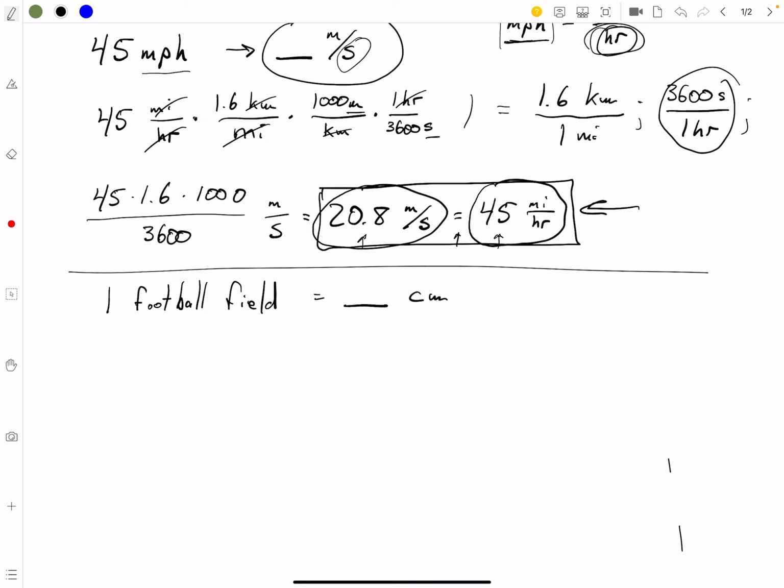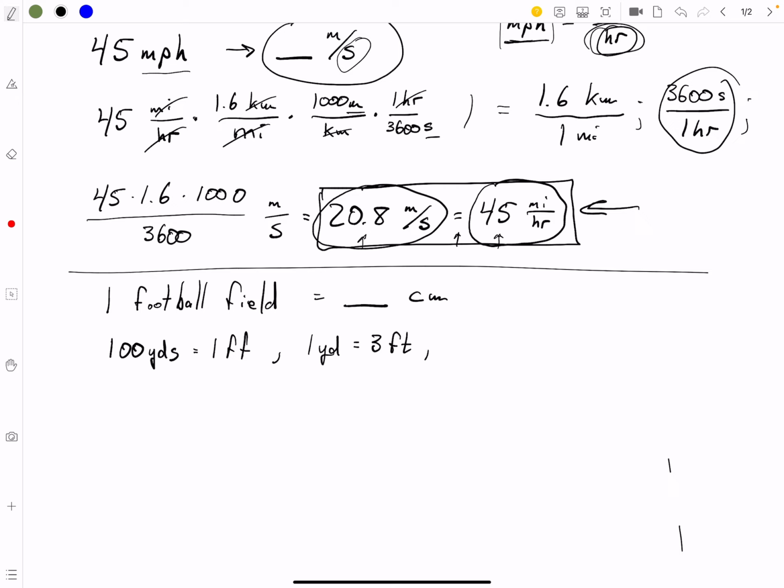That's something that I'm going to ask you to do. Before I do, I'm going to give you a few things. We've got 100 yards in a football field, equals 1 football field. We've got 1 yard equals 3 feet.